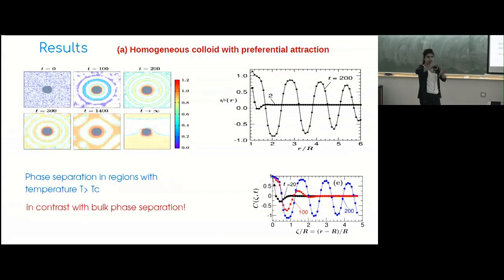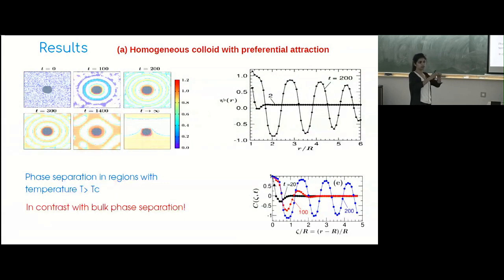Finally, in the steady state, you have only one layer surrounding the colloidal particle. What was interesting is that typically, in phase separation, when you are at a temperature higher than the critical temperature, it's in the homogeneous phase, with no domain formation. But with a temperature gradient in this kind of system, we observe these structures forming even where the temperature is higher than the critical temperature.